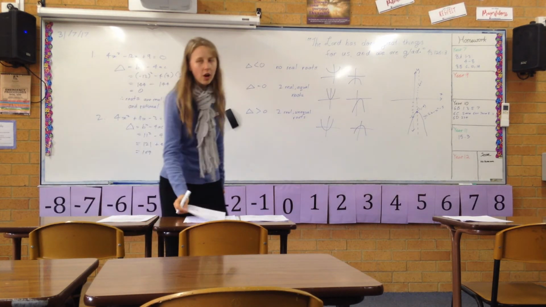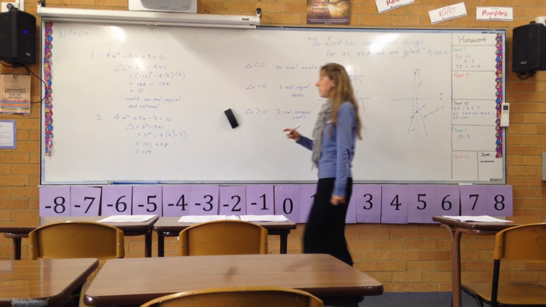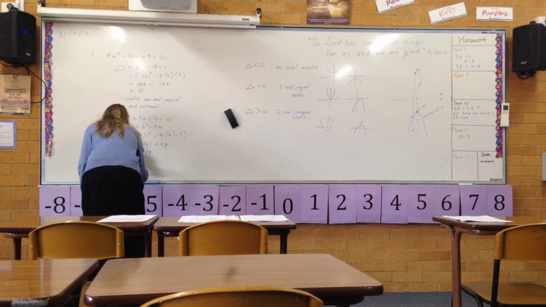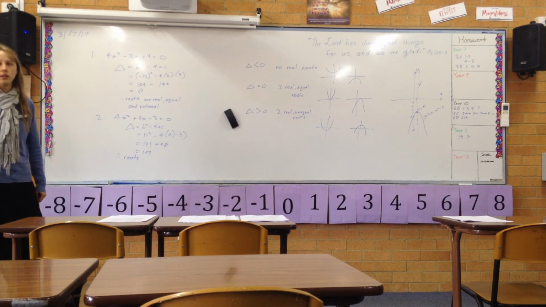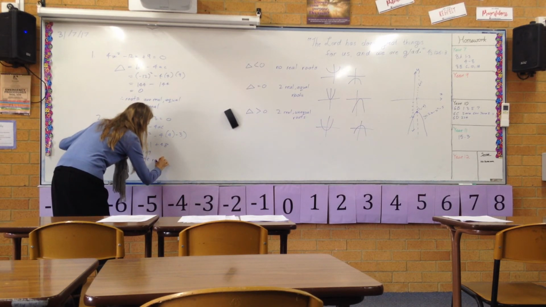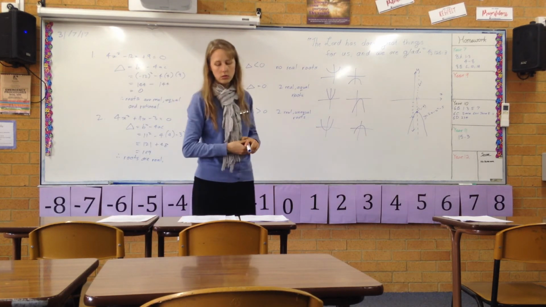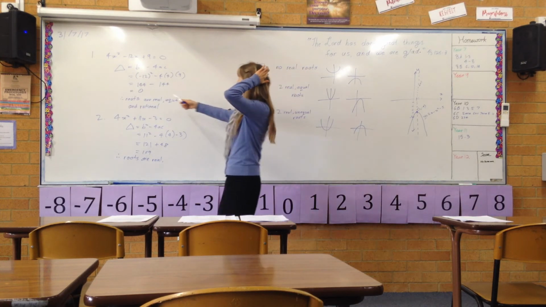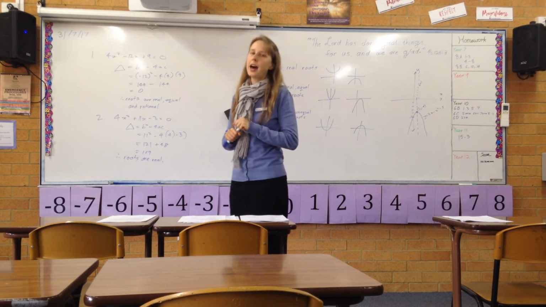Is 169 a perfect square or not? Yes. What does that tell me then? What can you tell me about the roots? Are they real? Yes. Are they equal? No, because they're only equal if it's 0. So there are 2 separate different ones. Are they rational?